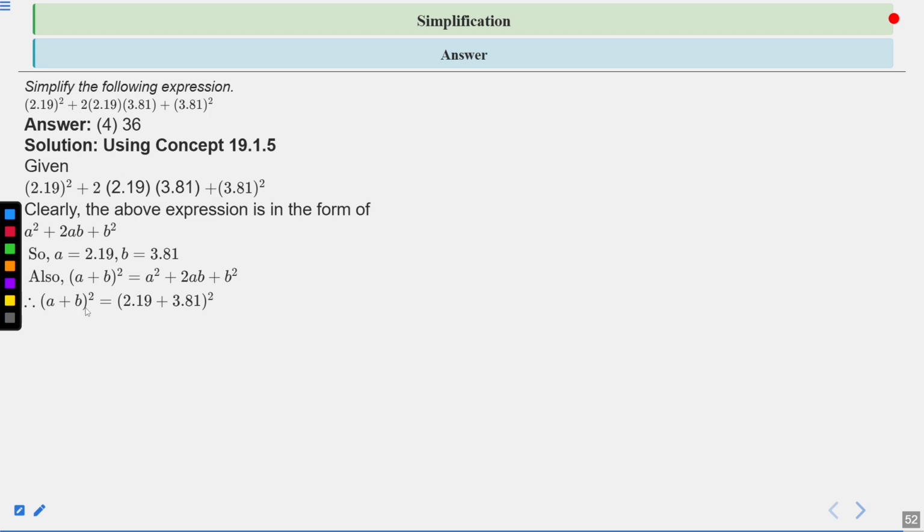So a plus b whole square will become 2.19 plus 3.81 whole square. When we add up, we get 3 plus 2, 5, and .19 plus .81 will become 1. So we get 6. So 6 square equals 36. So the fourth one is the correct answer of this question. Thank you.